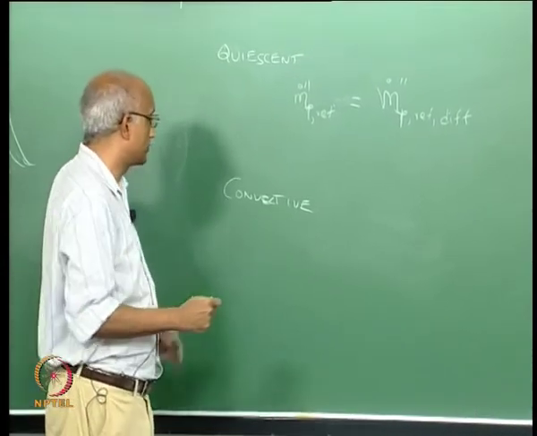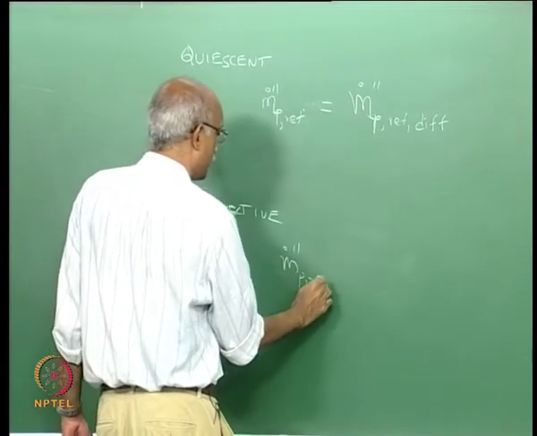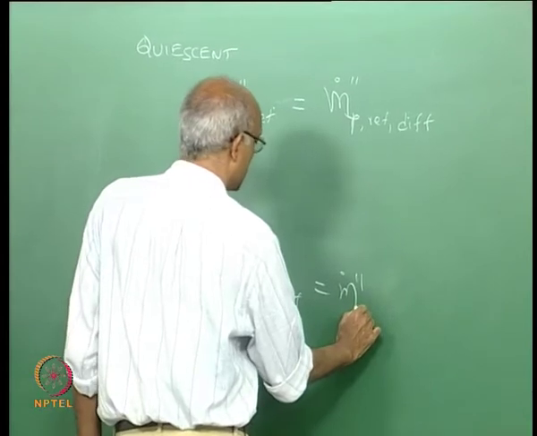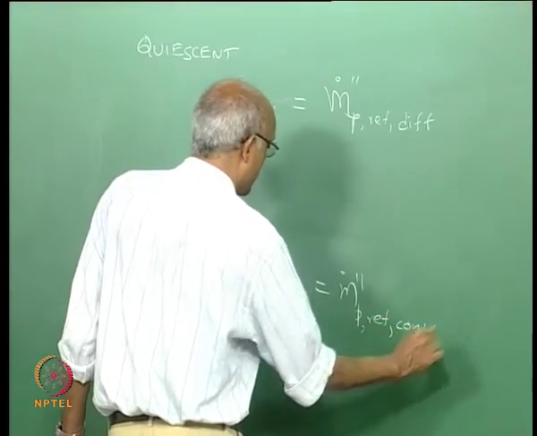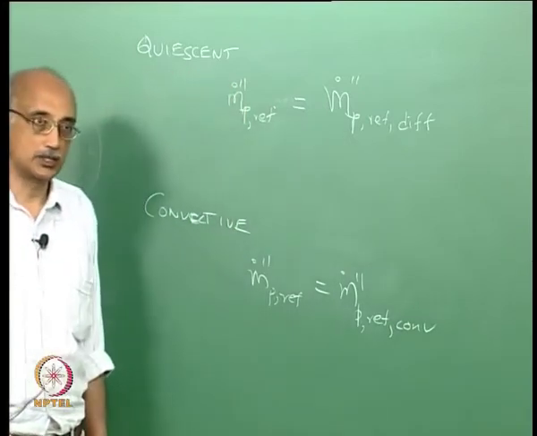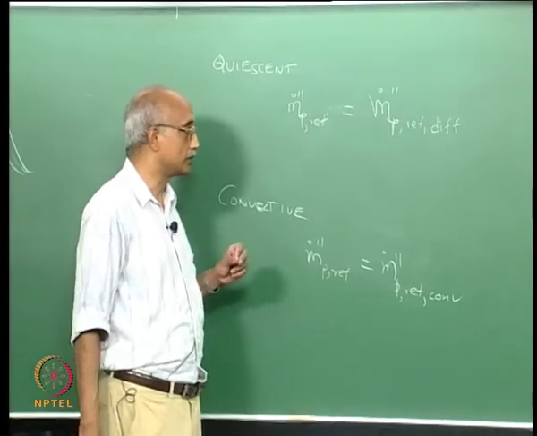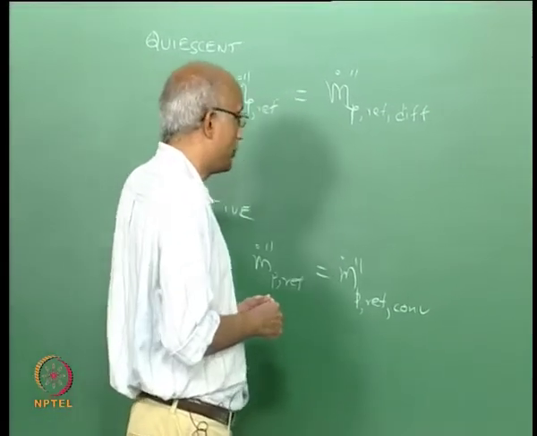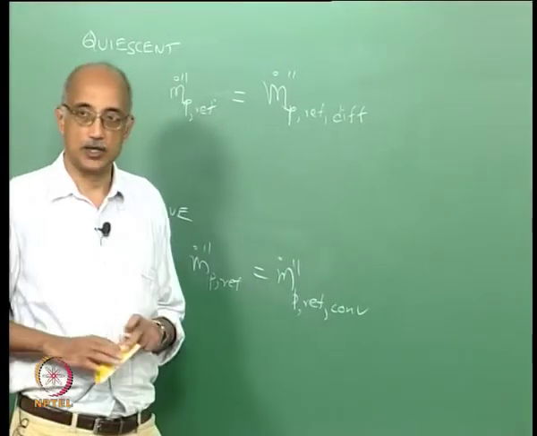Whereas in the case of convective, your M dot double prime P reference is a convective parameter, taking into consideration the fact that convection does play a major role. So what's the difference between these two? You have to go back to your expression for diffusive flux.